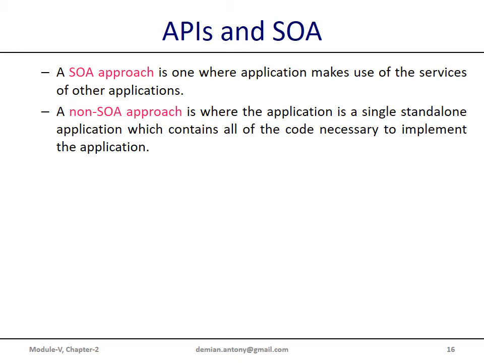If you think about the non-SOA approach, the application needs to be built from scratch, and all necessary functionality needs to be coded in the standalone application. There are many benefits with the SOA approach. One is fast development, because we don't have to develop everything. We can just consume the existing functionality by accessing the API, that means the contract, or service API, or web API.